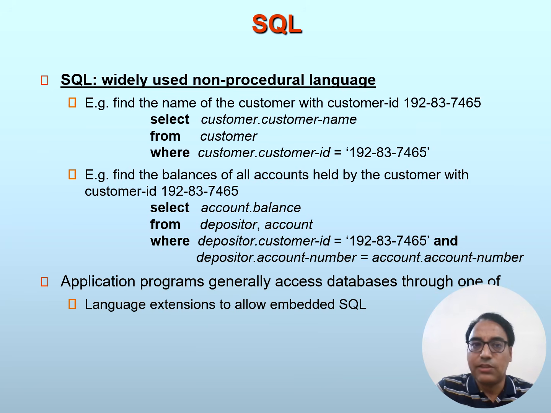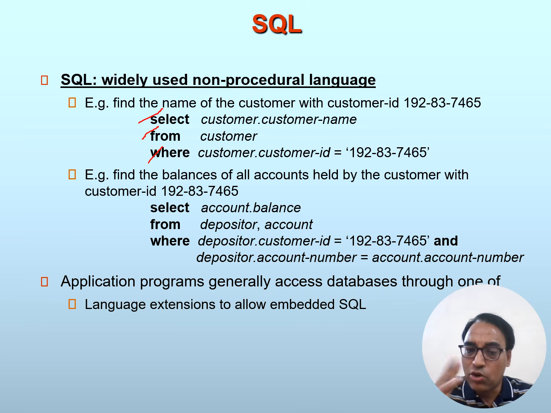Let us discuss it further. So SQL is the most widely used non-procedural language. We don't have any information about how or where our data is stored, but still we are able to read the data and work it out. See this table here, see this example. I'm using three keywords here: select, from, and where.